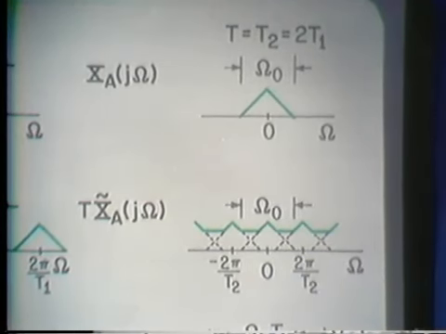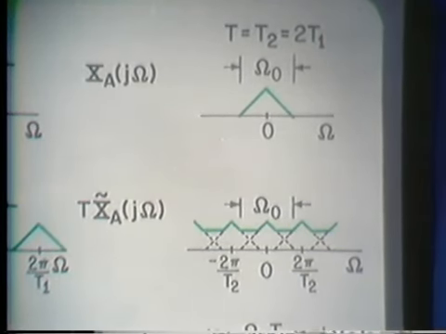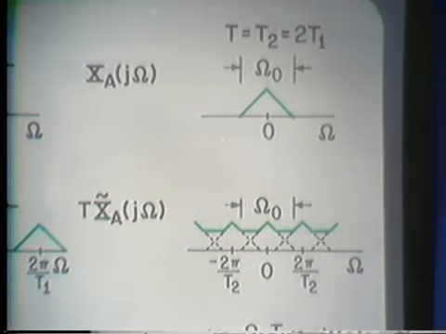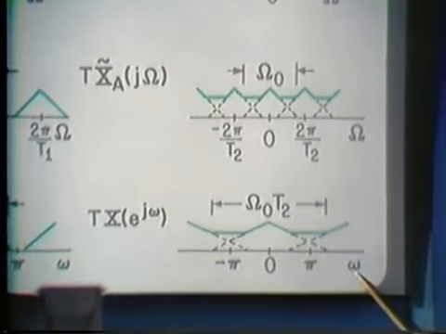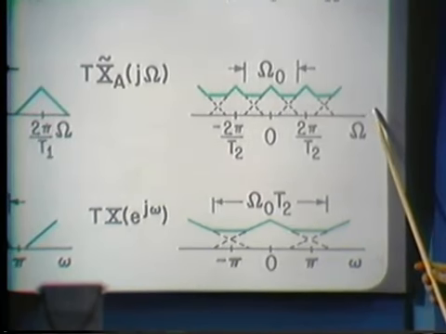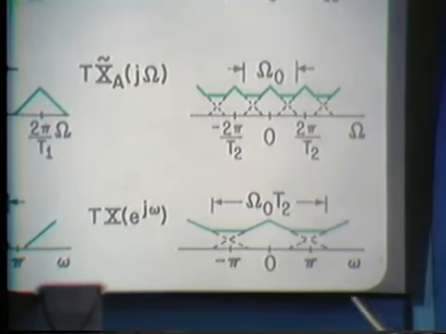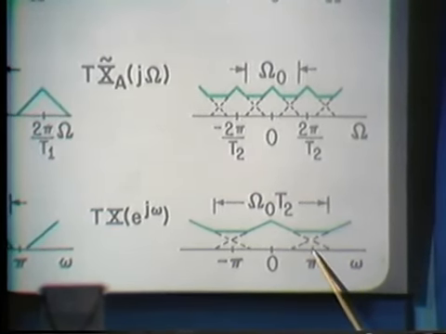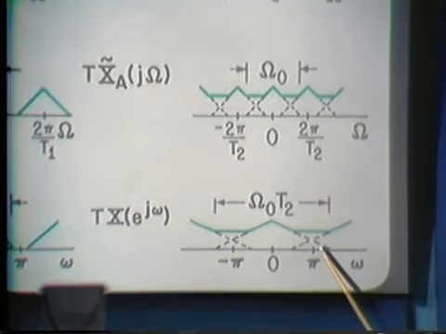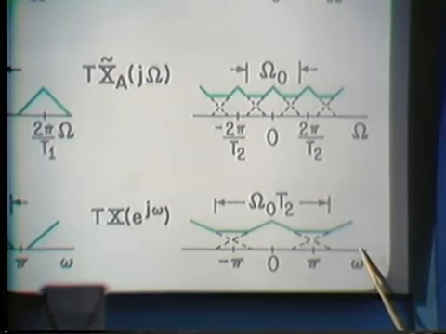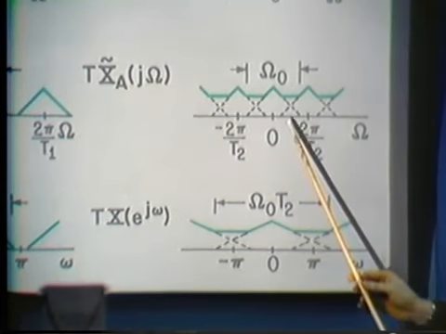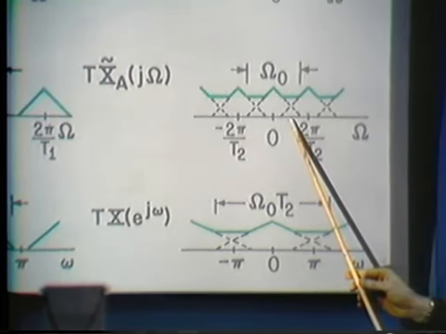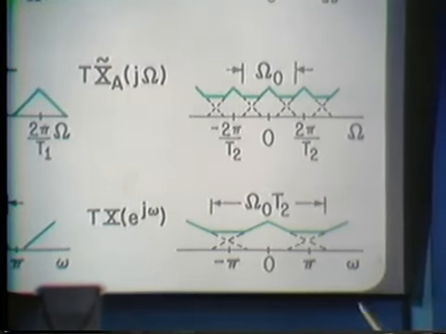And now, if we renormalize the frequency axis so that we express this in terms of the discrete time frequency variable, little omega, then we simply scale this picture so that we end up with 2 pi over capital T corresponding to 2 pi in little omega, pi over capital T corresponding to pi.